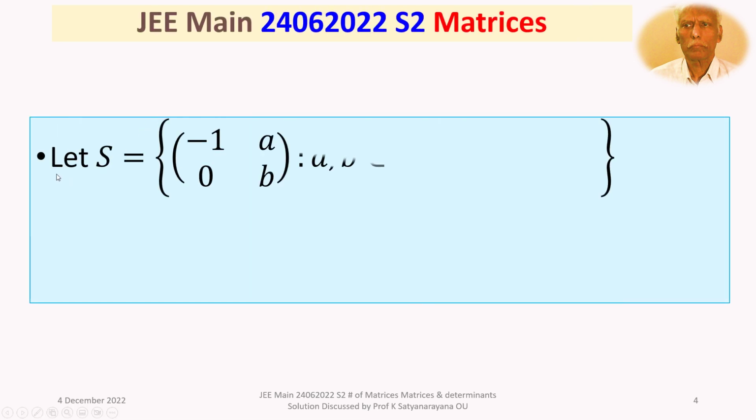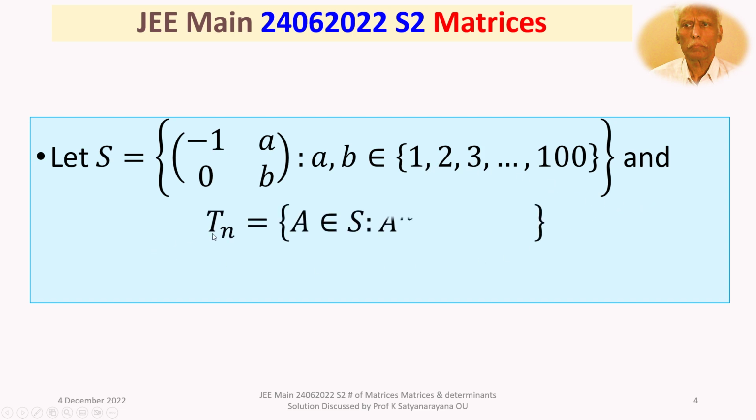The problem is: let S be the set consisting of the 2 by 2 matrices with first row minus 1, A and second row 0, B, where A, B belong to the set of natural numbers 1, 2, 3 up to 100, and Tn is equal to the set of all A belonging to S such that A to the power n into n plus 1 is the identity.